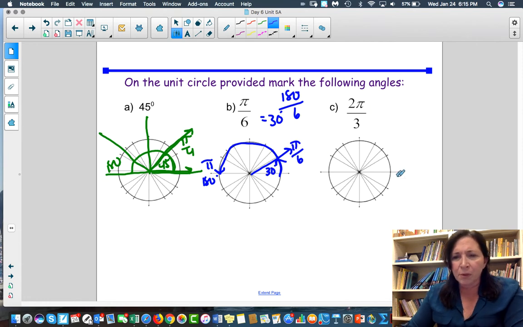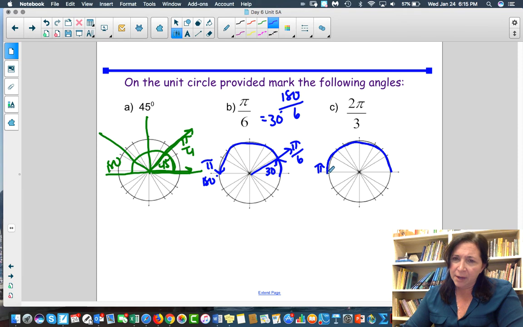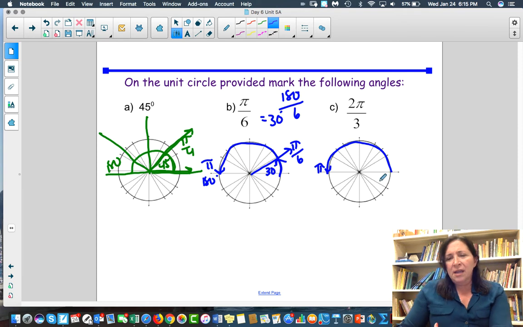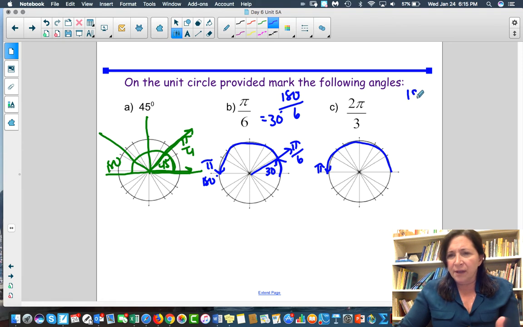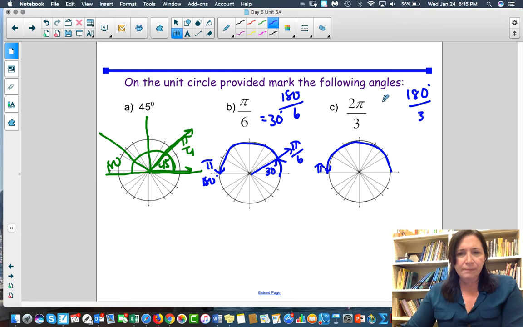2/3 pi, you would think, again, 2/3 is less than 1, and that's pi. So from here to here, that's 1 pi, okay? So 2/3 is not quite 1 pi, but it's 2/3 of the way over. If you think of this, and I like to ask you to try to figure some of this out in your head, 3 divides into 180 degrees 60 times.